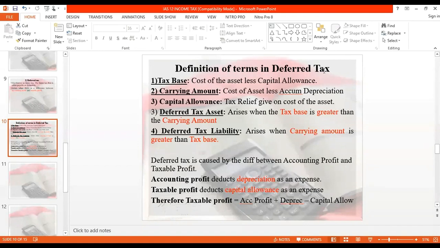Why don't accountants of a company use the same way as RRA? You know, accountants don't know the tax capital allowance rate. So when preparing their income statement, they base it on what we call accounting profit.